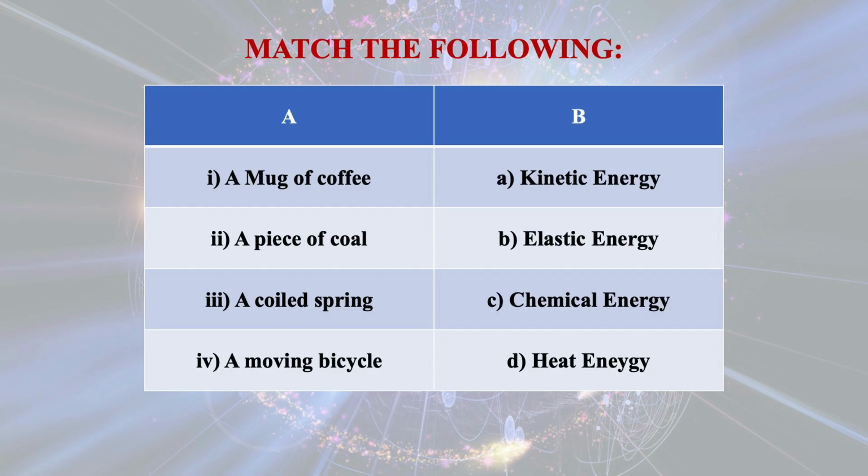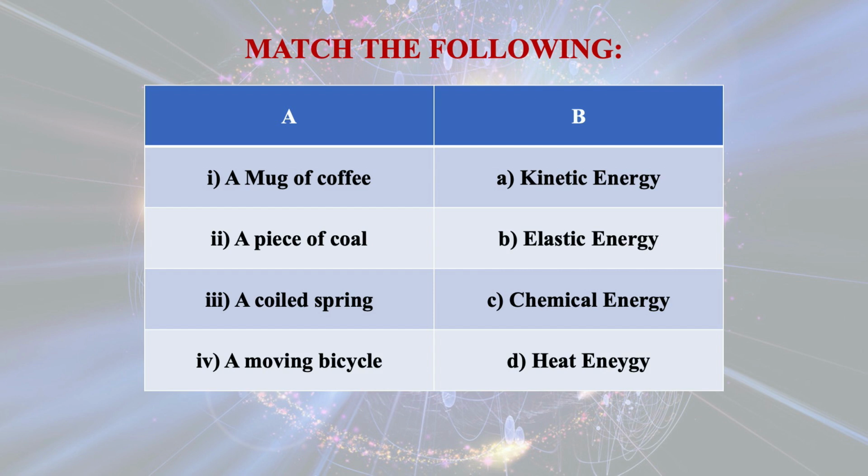A coiled spring, now when the spring is compressed, a potential energy, we call it the elastic energy, is stored within the coil, and the elastic energy stored within the coil is expressed as half kx square, where k is the spring constant and x is the compression of the spring.